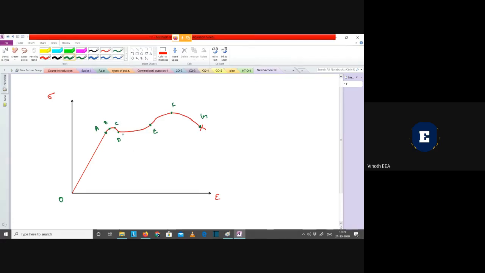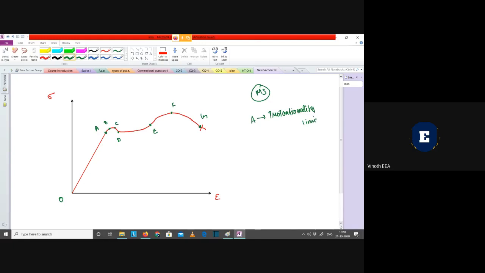So this is how a graph looks, and this is the most familiar graph for MS, that is mild steel, or most commonly for a ferrous material. This point A is called the proportionality limit.